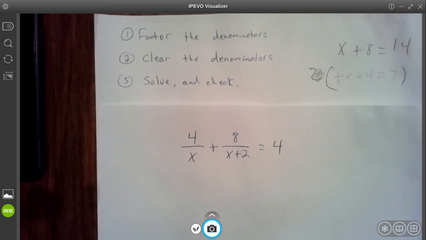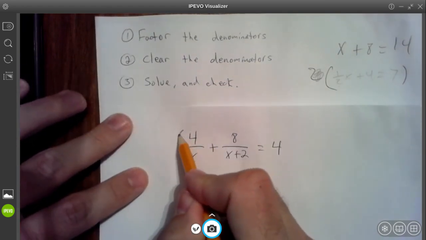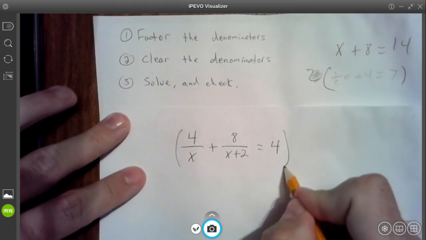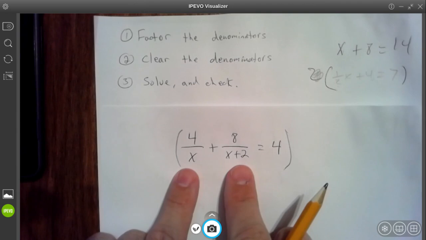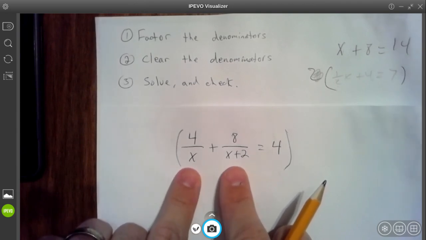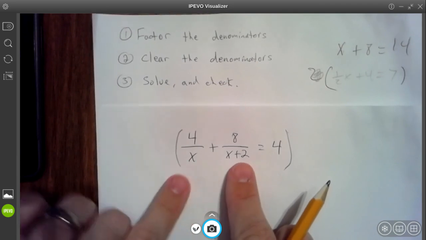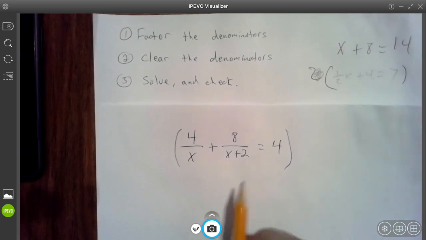The denominators here will not factor. x won't factor, x plus 2 won't factor. What I want to do is multiply this whole equation by something that will cancel out these denominators. It's actually going to be the least common multiple of whatever is in the denominators, but the way I do it, I look at what I need for each piece.